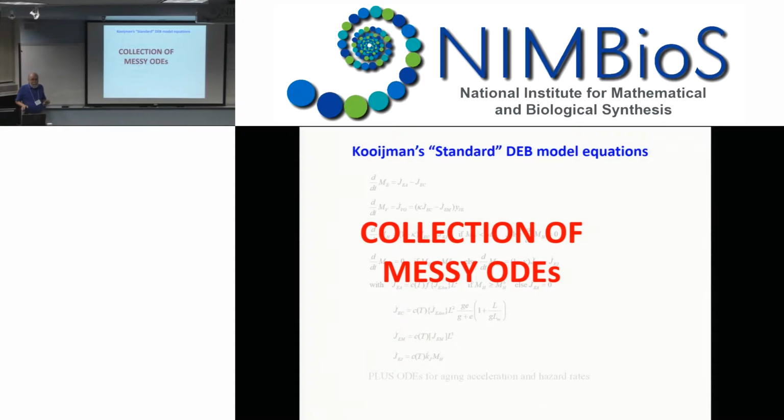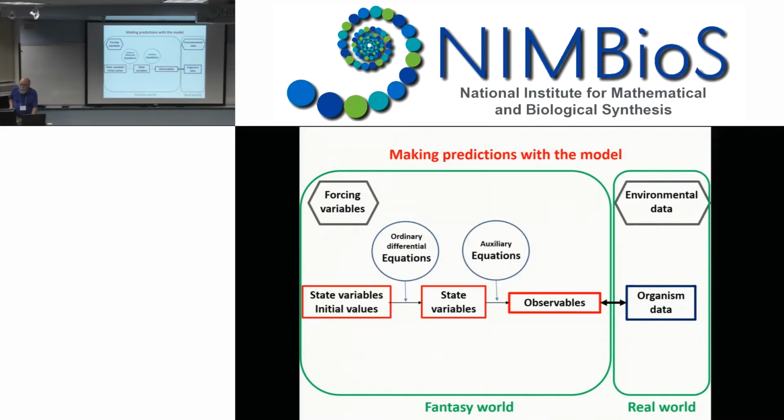I mentioned ambiguity in jargon, and that leads to the fact that there is actually a challenge in relating the variables to the real world. Laura likes to call everything that the DEB theory handles the fantasy world, and in the fantasy world there are forcing functions like food quantity, food quality, temperature, and so on.